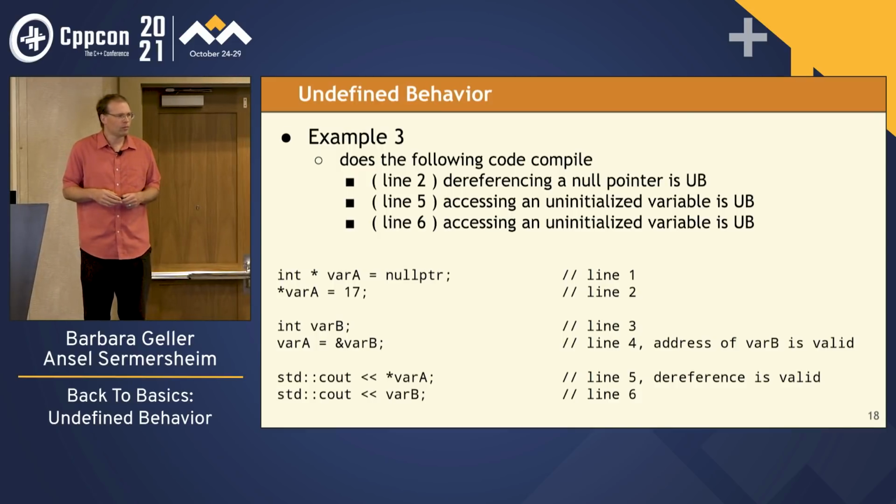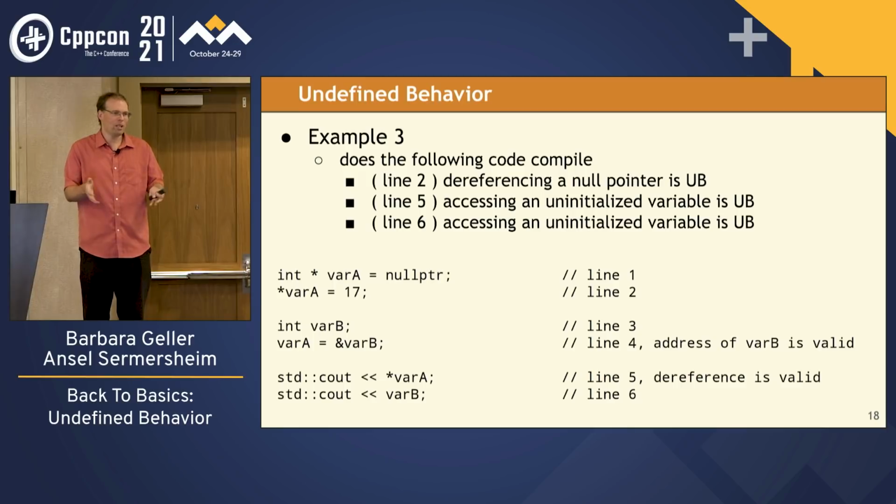Question? Why are line 5 and 6 undefined instead of unspecified behavior? The question was, why are line 5 and 6 undefined instead of unspecified behavior? And that's actually a really deep question, but part of it is, in general, you cannot assume that you can even read a value that has not been initialized.